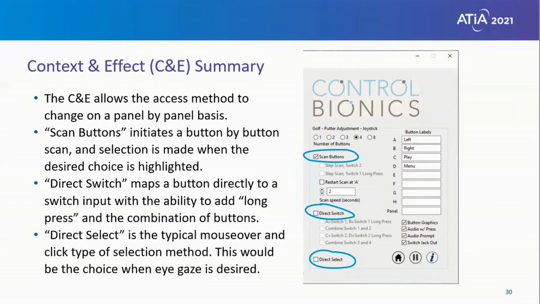And with it, there are 3 primary types of access. And these types of access you can find in most all speech generating devices. But what makes this unique in some ways is that as you transition from panel to panel, you can change your activation method on the fly.